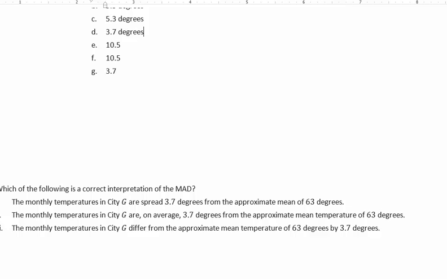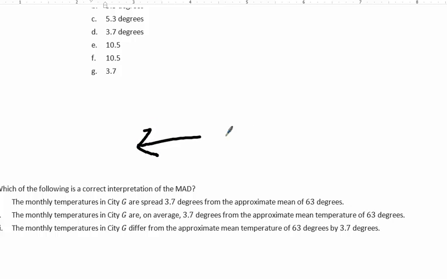The monthly temperatures in City G are on average 3.7 degrees away from the approximate mean of 63 degrees. Or the third option, the monthly temperatures in City G differ from the approximate mean temperature of 63 degrees by 3.7 degrees. Well, let's look at each one individually to see if it works.